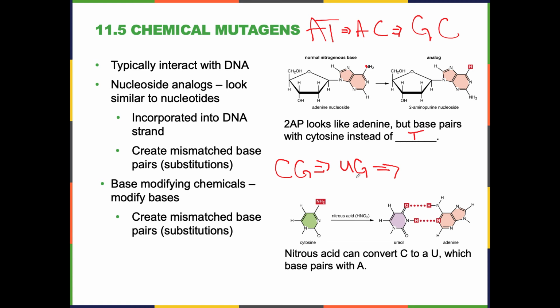Oops, I didn't write that right. So that becomes a U, so now UA, I want to keep the same format there, which then becomes, after another round of replication, TA. So now we've gone from the CG to a TA, the C to a T. Okay, so once again, nucleoside analogs and base modifying chemicals will introduce point mutations because we are affecting one nucleotide. Okay, and then that will lead to whatever, depending on which nucleotide we goofed around with.